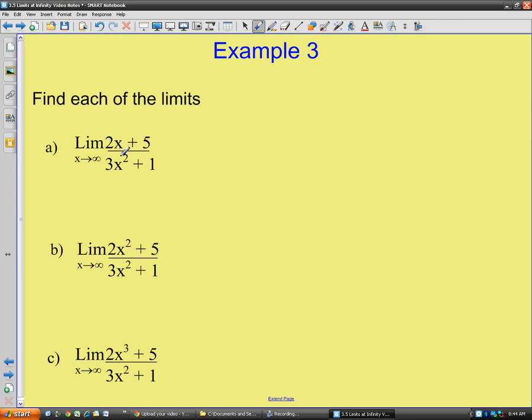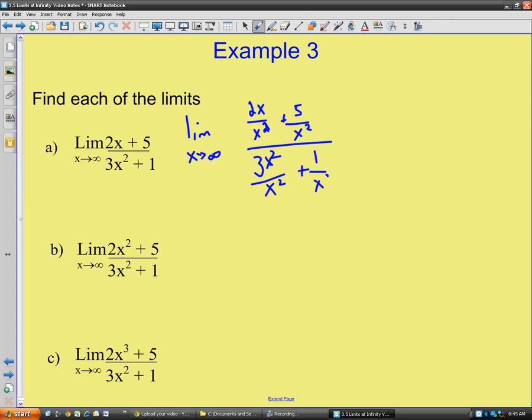Since the top part would be infinity and the bottom part would be infinity if I did direct substitution, which is what we always start with, I have to do some more work. So I'm going to divide everything by x squared, because that's the highest power on the bottom. My limit as x goes to infinity is going to be 2x over x squared plus 5 over x squared on top, and on the bottom 3x squared over x squared plus 1 over x squared.